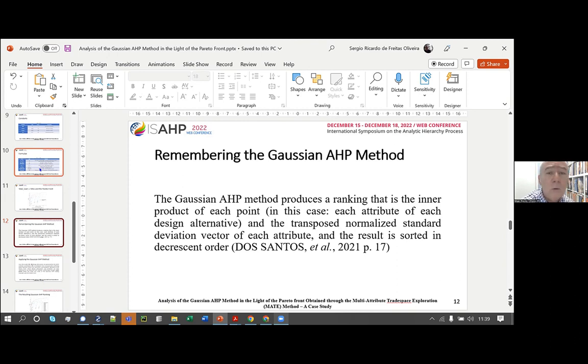And they don't perform pairwise comparison. They do the inner product of each point, in this case each attribute of each design alternative. So each alternative has a value in the attributes, so what you're doing is multiplying the vectors and adding them up.